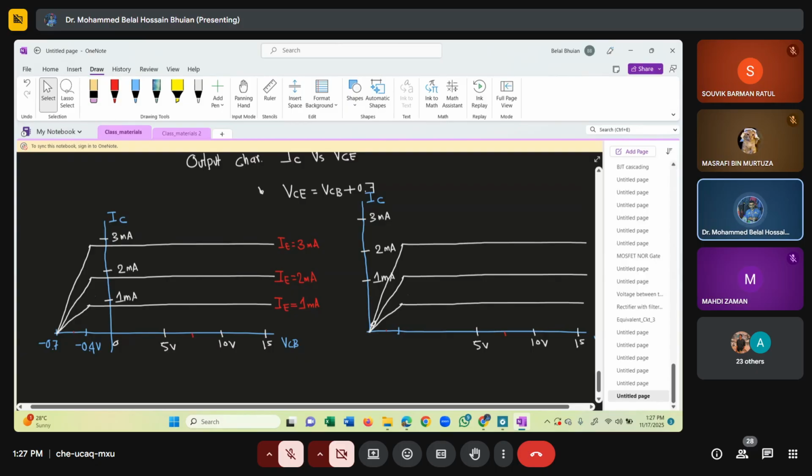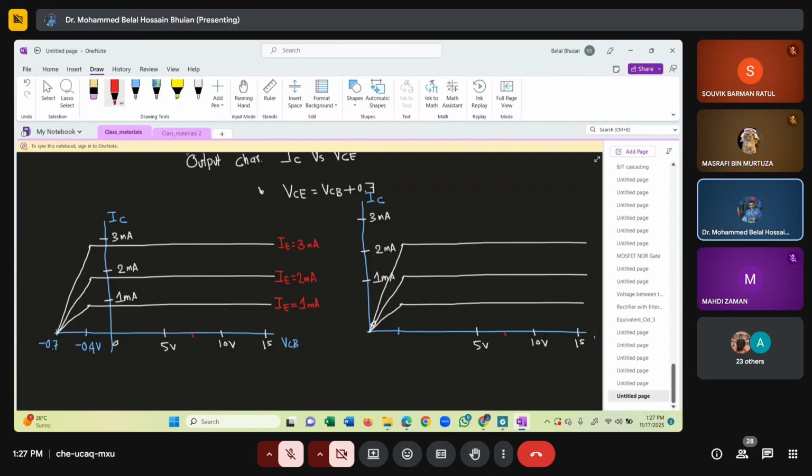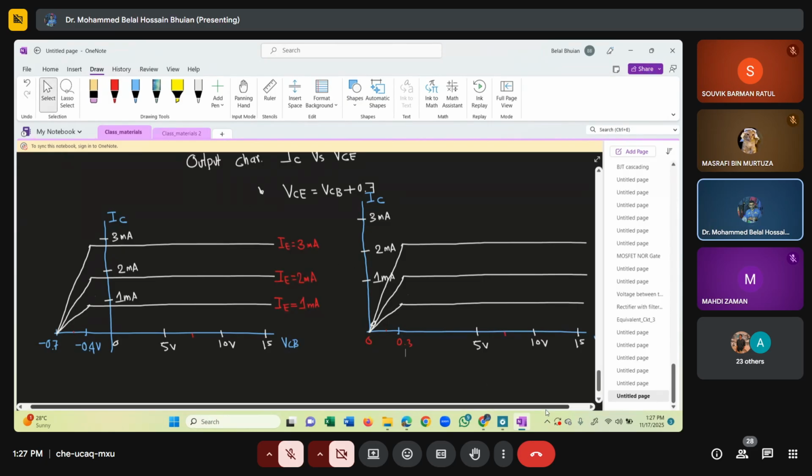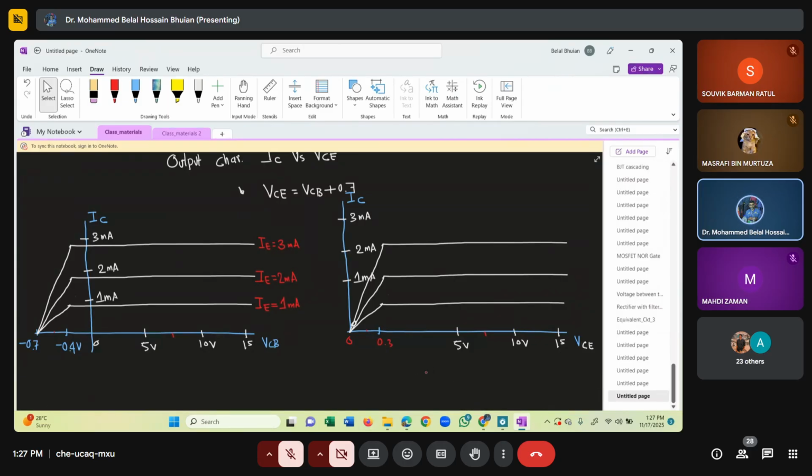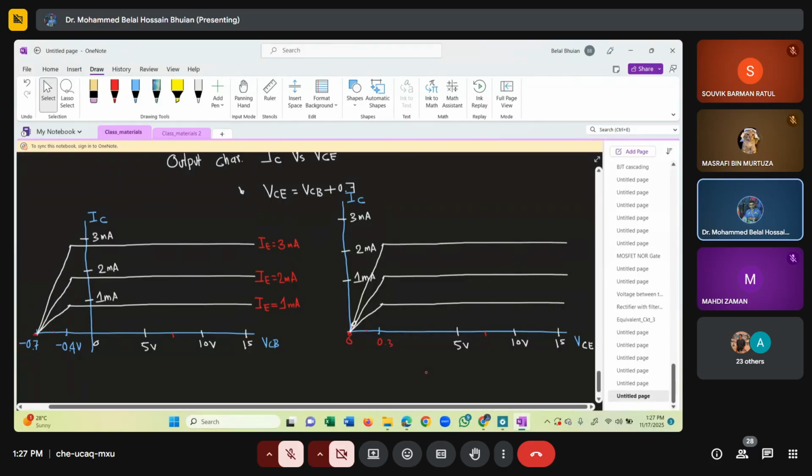Minus 0.4 plus 0.7 will become 0.3, and everything will be shifted like that. So that is our curve. The curve remains identical. The only thing is that for the IC versus VCE curve, the starting point is shifted. Otherwise the current, because the vertical axis, remains the same.